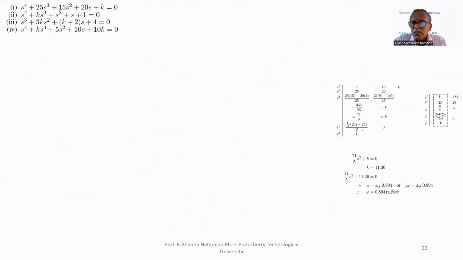Here, the s power 1 row will become 0 when k equal to 11.36. Therefore, we have to consider the s square row.